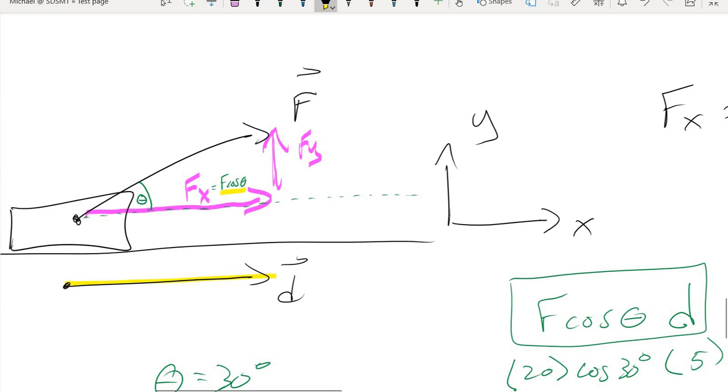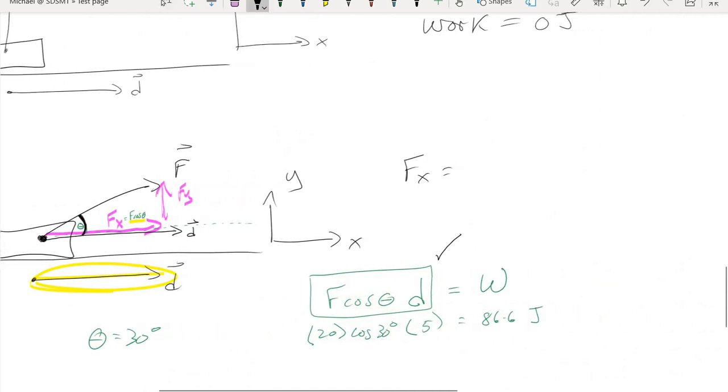Well, if I were to shift this displacement vector up, maybe if I drew that displacement vector at the same place as what the force vector was originating from, well, now we can see that that theta value is the same theta value that exists between the force vector and the displacement vector.